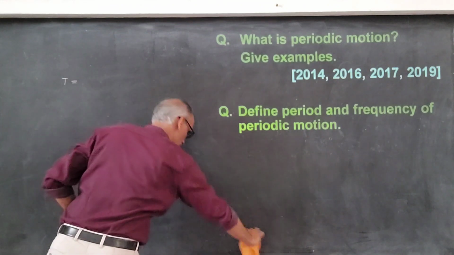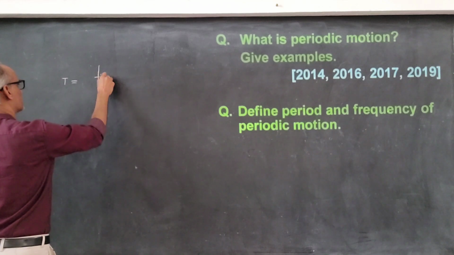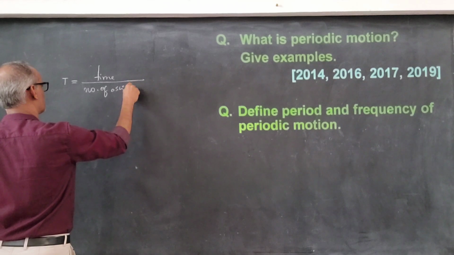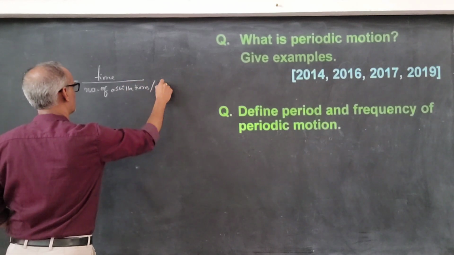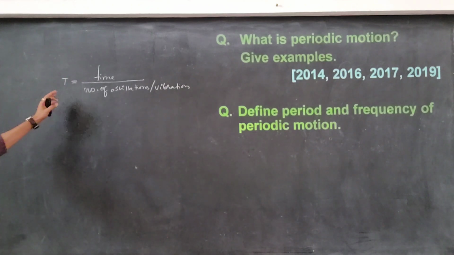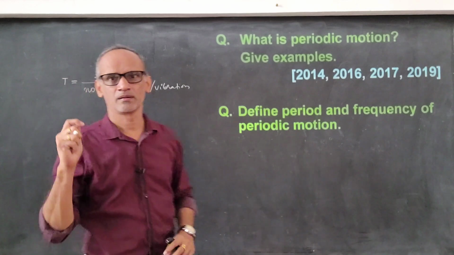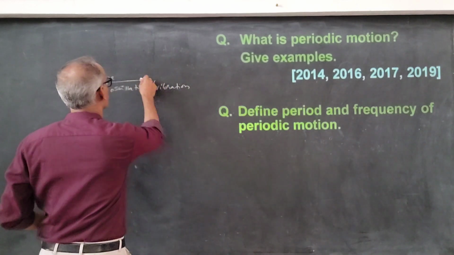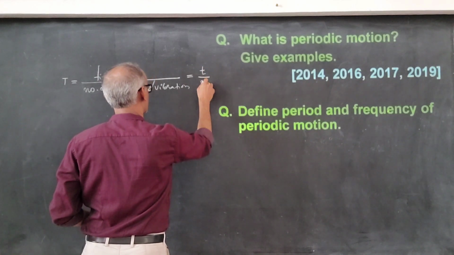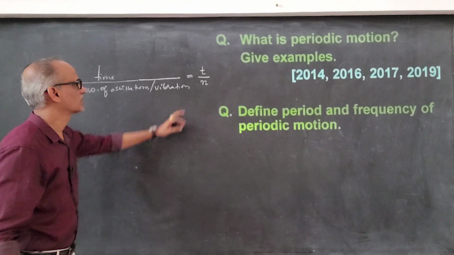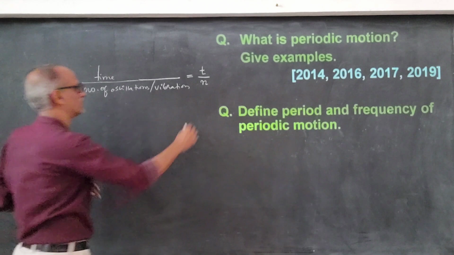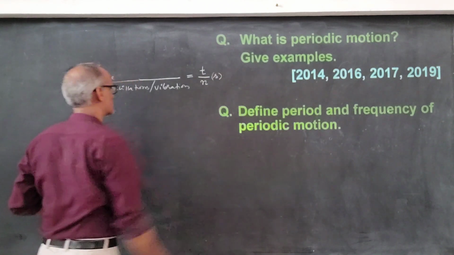Time taken to complete one oscillation means the total time taken divided by the number of oscillations or vibrations. If t is the total time taken for n number of oscillations, then t divided by n will give you the time period, which is normally measured in seconds.